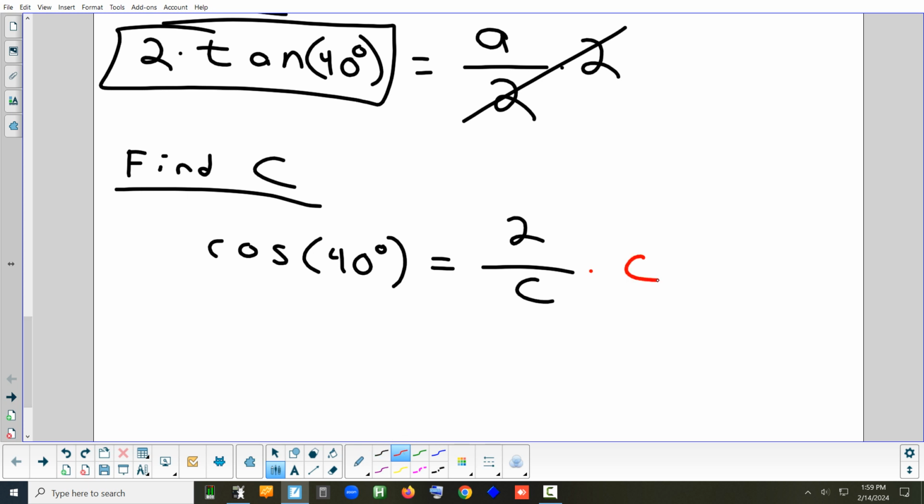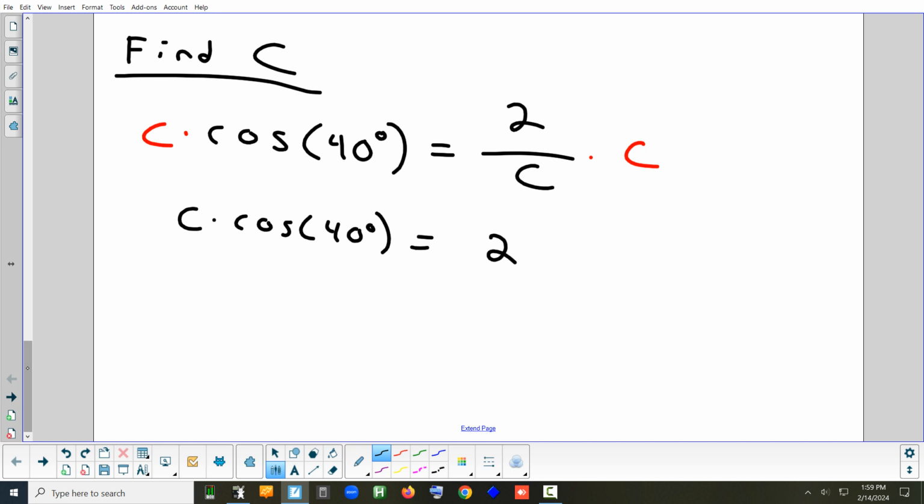Multiply each side by C. So that gives you C cosine 40 equals 2. It doesn't get the C by itself, but at least it got rid of the fraction. Now, how could I get that by itself?